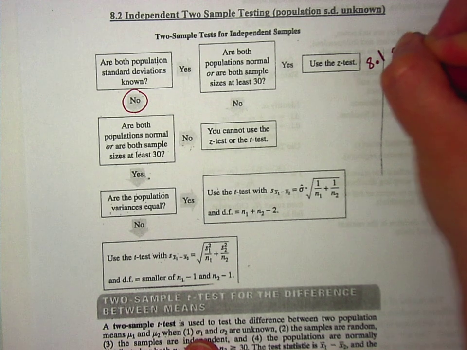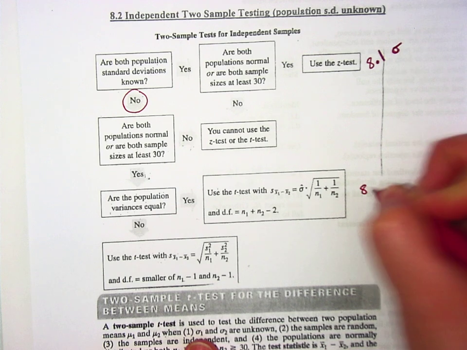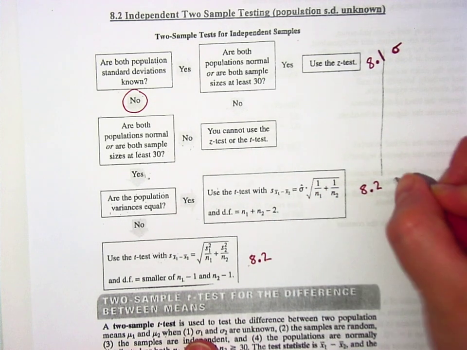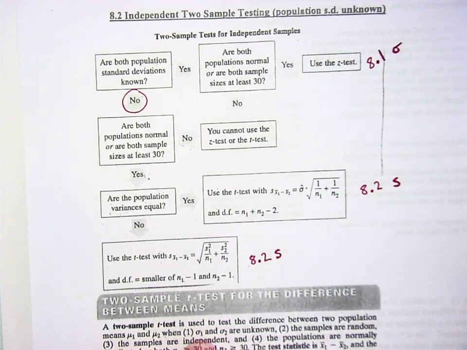So this way you know what sigma is, and on this one, these are both 8.2, and this is using s, a sample statistic rather than a population parameter. So it's a two-sample t-test.